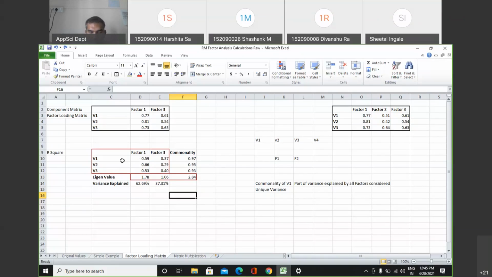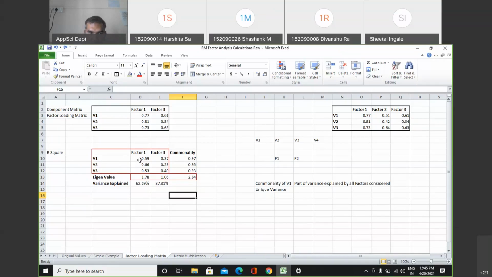And depending on which variable is closer to which factor, we'll club those variables with that factor. If some other variables are closer to another factor, we will club that variable to that factor. That is what we're doing in factor loading.